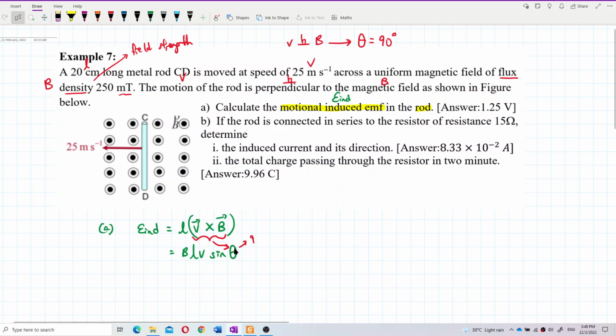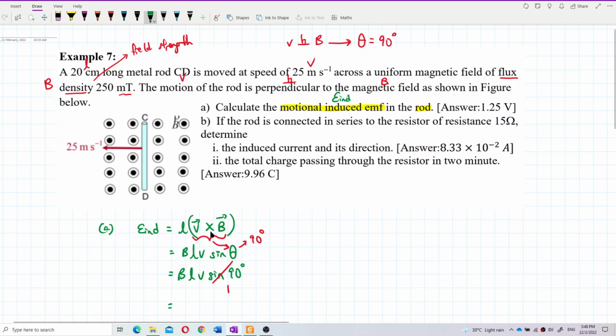So we can put BLV sin 90. Sin 90 is equal to 1, the maximum.